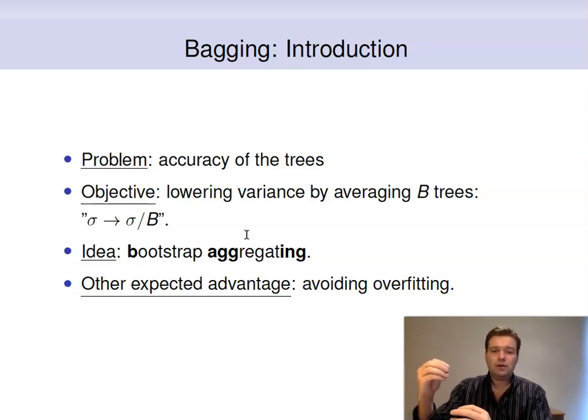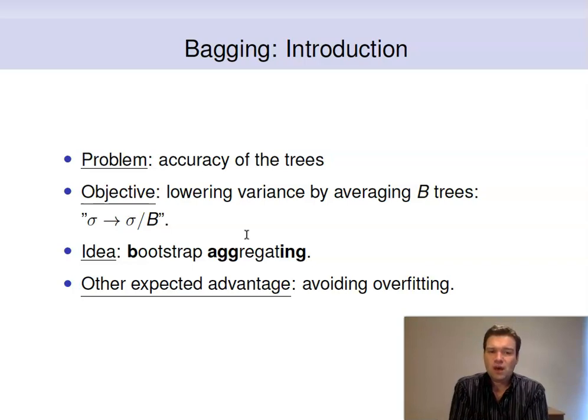Therefore, it's possible in a way that we model errors with a tree, but now we are going to average them. Therefore, we have more chance to mitigate this overfitting. Since we are in this process of averaging, we remove the errors in a way. So that is another expected advantage.